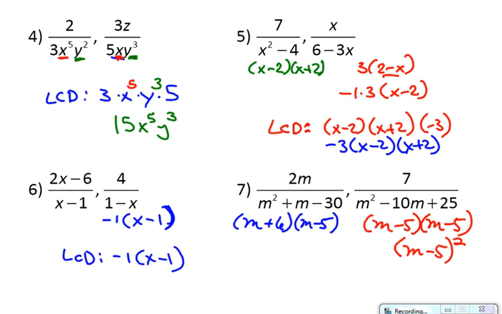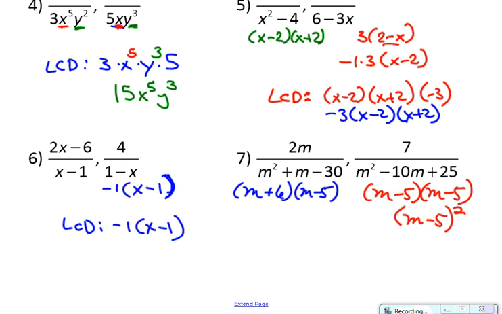So when I find my LCD for this one, my LCD will have an m plus 6 and m minus 5. And when I look at the m minus 5 factor, I see that in the second fraction I actually have an exponent of 2. And so that will include the m minus 5 squared. So that is it.